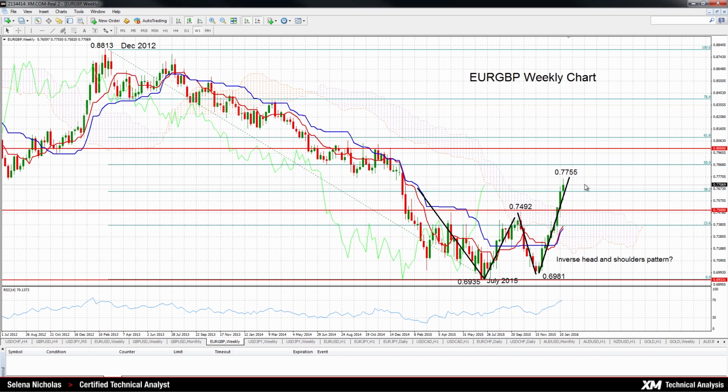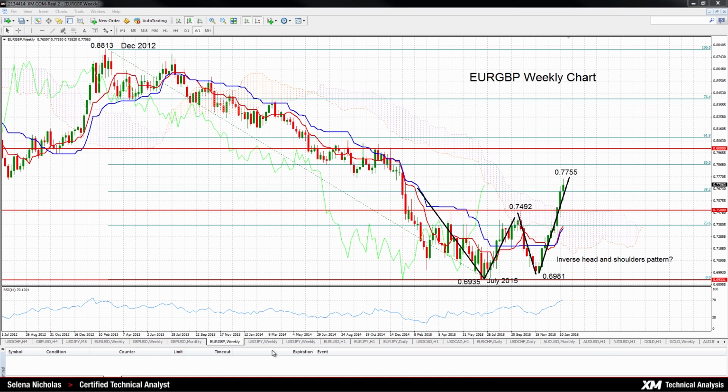If the market pushes higher from current levels towards a 50% Fibonacci, and if it breaches a 0.80 level, this is another key psychological level, then there would be a shift in the trend to more bullish bias.